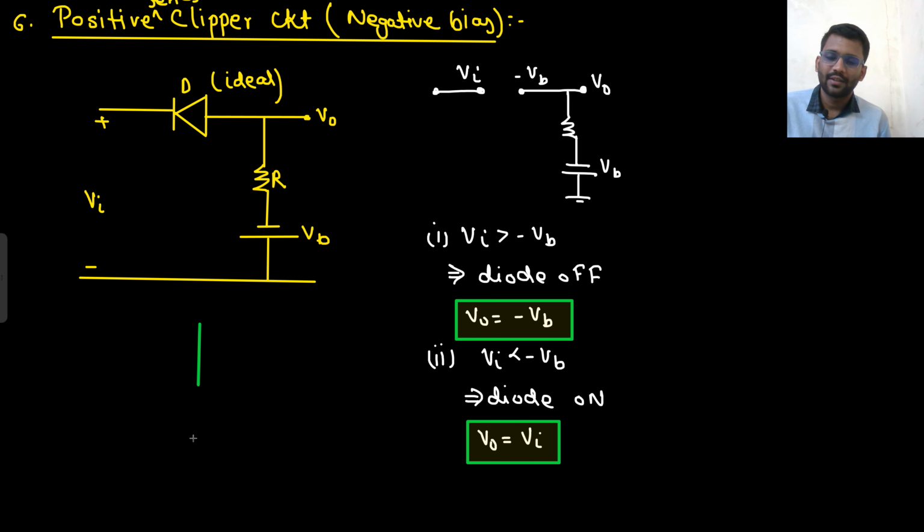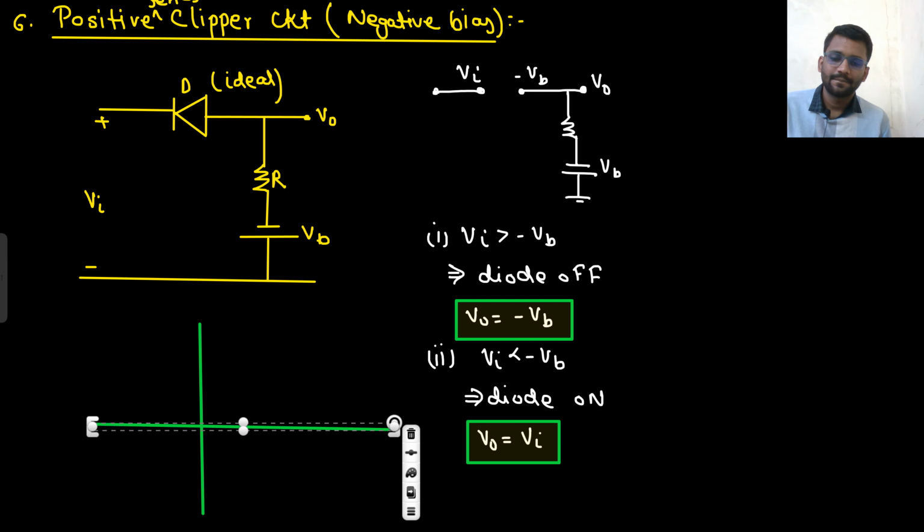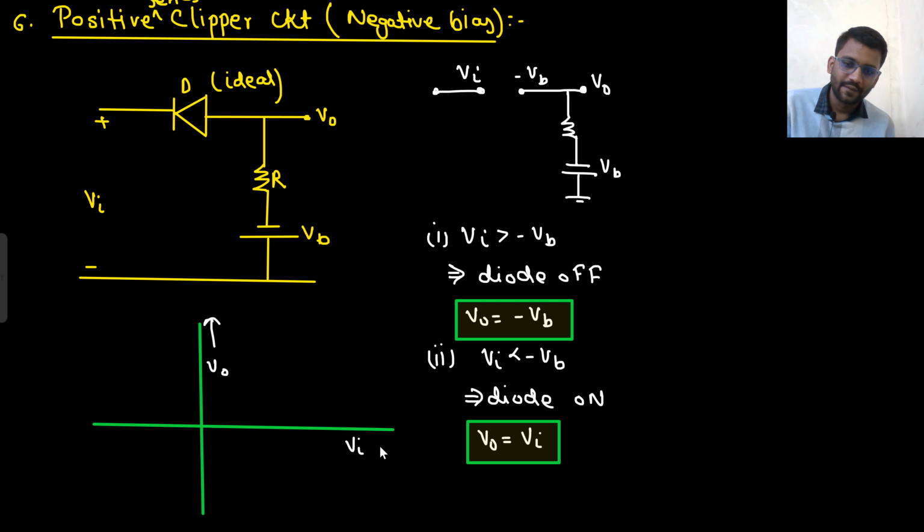Okay, you can draw the transfer characteristics. V naught, V in. V in is minus Vb. Okay, so for lesser than that, V naught is equal to V in.